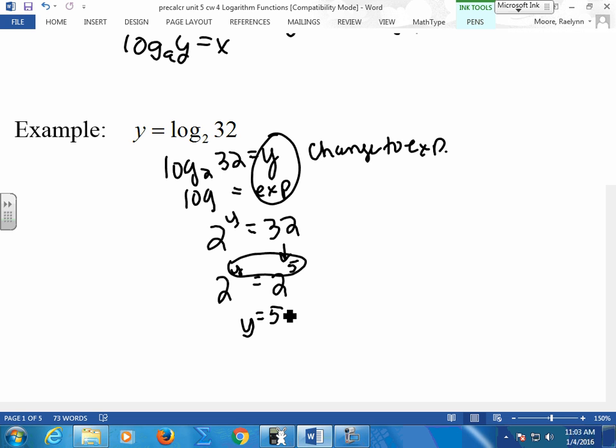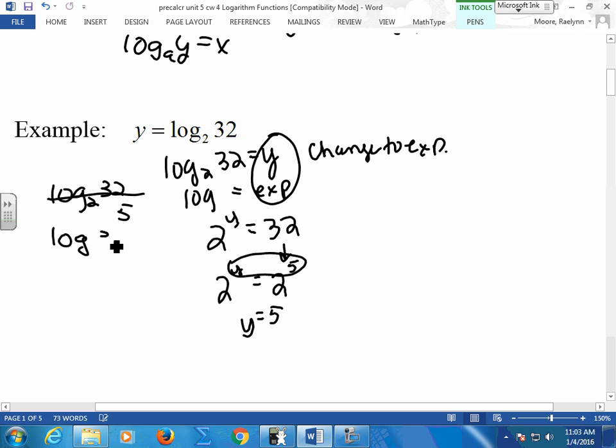If you put this in your calculator using your base key, and you do log base 2 of 32, and you hit enter, you get 5. If you change the base formula like this, log base 10 of 32 over log base 10 of 2, you get 5. So it depends which way you want to go through this.